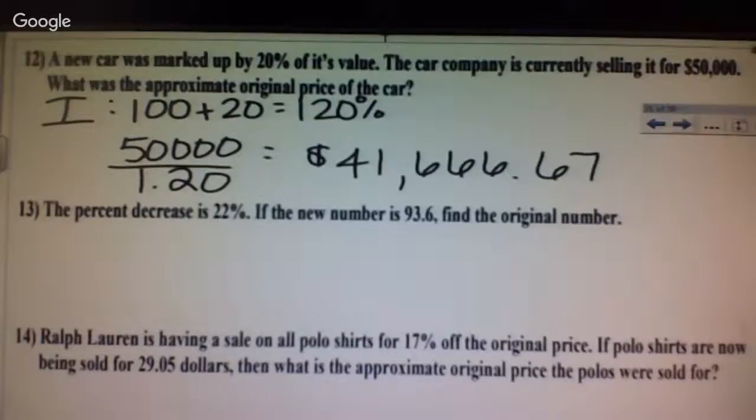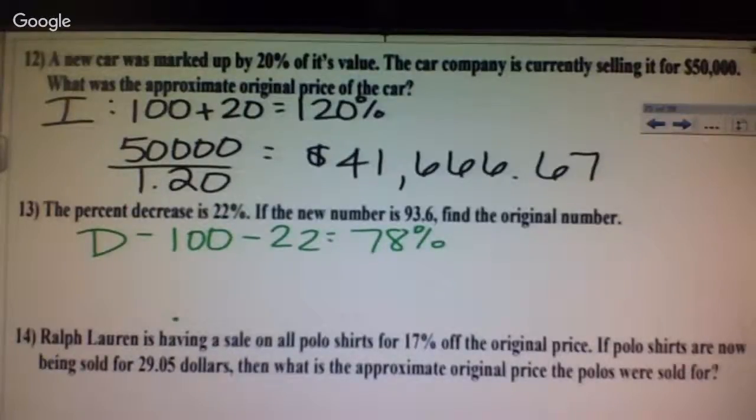Okay. The percent decrease is 22%. If the new number is 93.6, find the original number. So it automatically tells me I have decreased. So I'm 22% under 100. 78%.